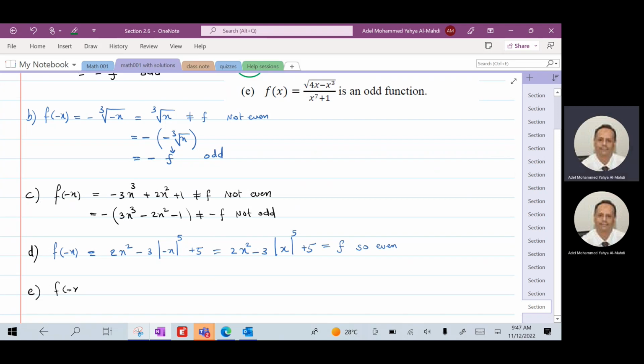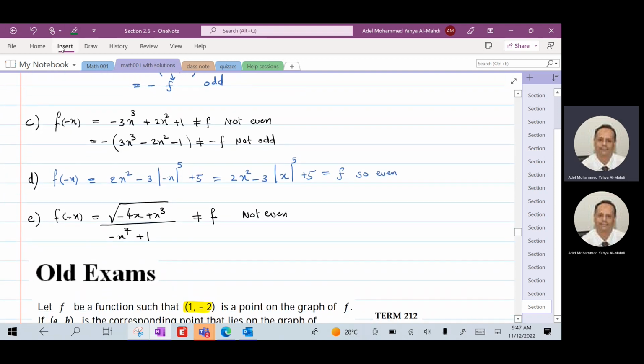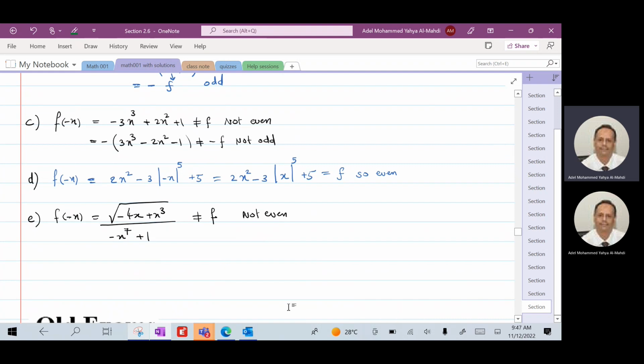f at minus x will be minus 4x plus x to the power 3 over minus x to the power 7 plus 1, which is not f, so not even. If you take minus common, it is impossible to have minus f, but let me show you how to take minus if you like.